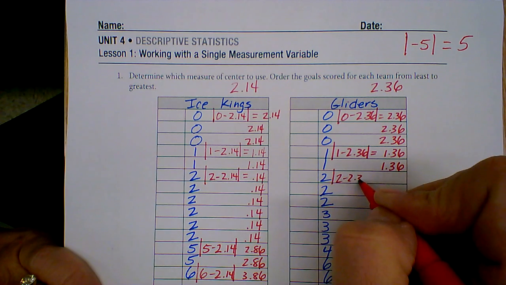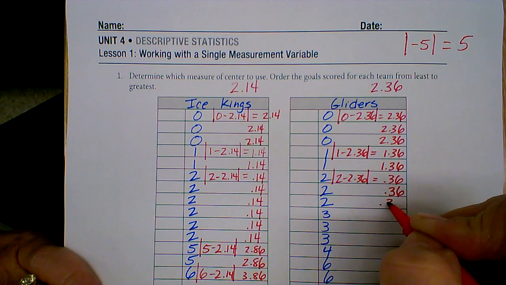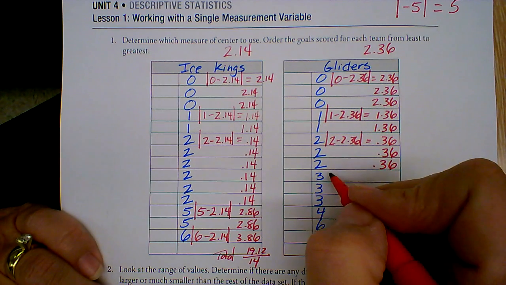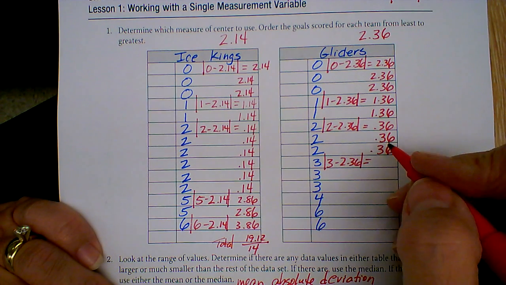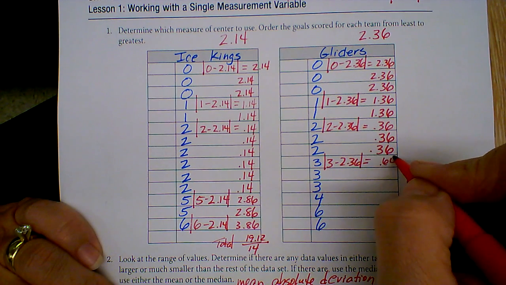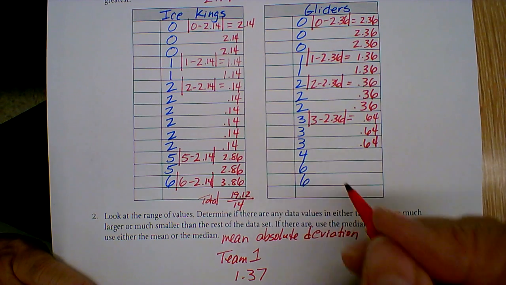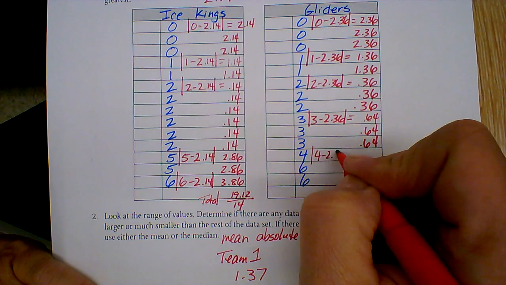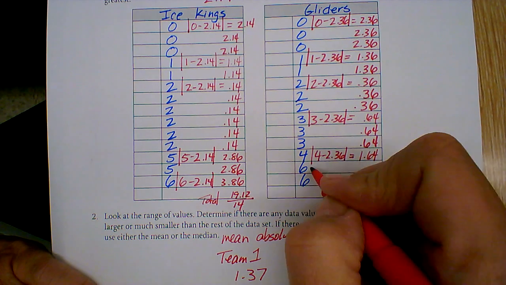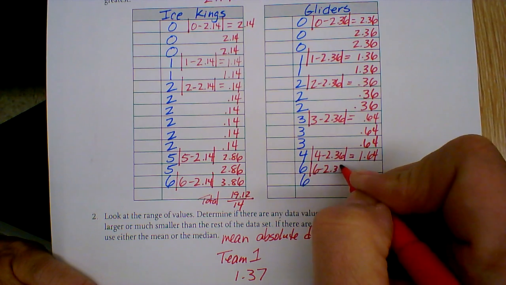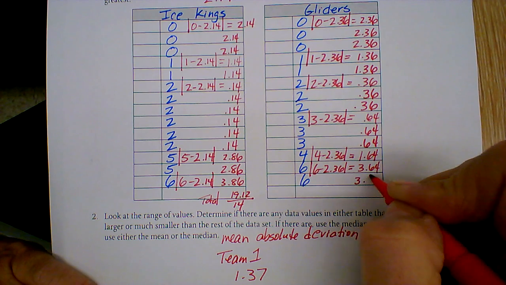The absolute value of 2 minus 2.36 is 0.36, 0.36, 0.36. 3 minus 2.36 gives me 0.64, 0.64, 0.64. The absolute value of 4 minus 2.36 is 1.64. And then 6 minus 2.36 is 3.64, and another 3.64.